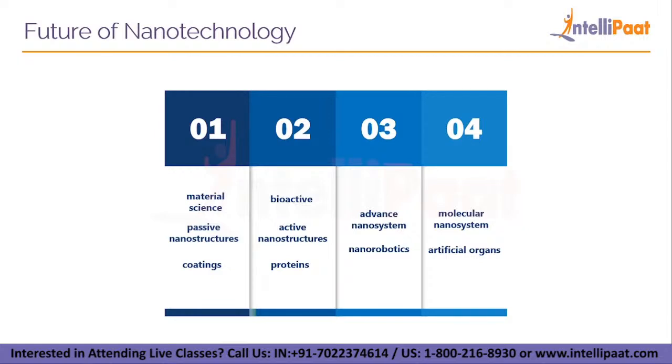This can be in the form of coatings and the use of carbon nanotubes to strengthen plastics and other materials. The second generation makes use of active nanostructures, for example by being bioactive to deliver a drug to a specific target or organ. This could be done by coating the nanoparticle with specific proteins.